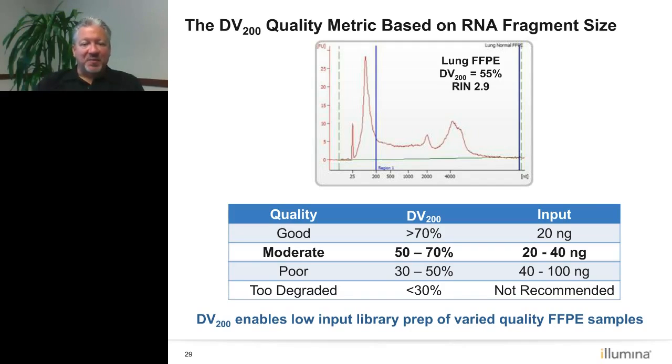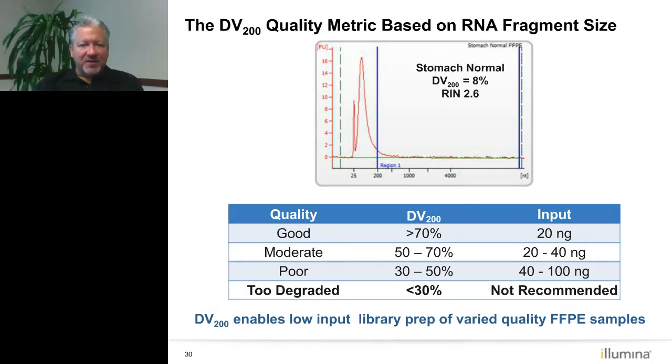You don't want to do that on samples where you have no hope of getting results. So this allows us to pre-qualify samples for the RNA Access prep process. And what we find is that in the real world, this is not that limiting. We find very few studies where most of the samples are below this threshold. In fact, it's usually the opposite.